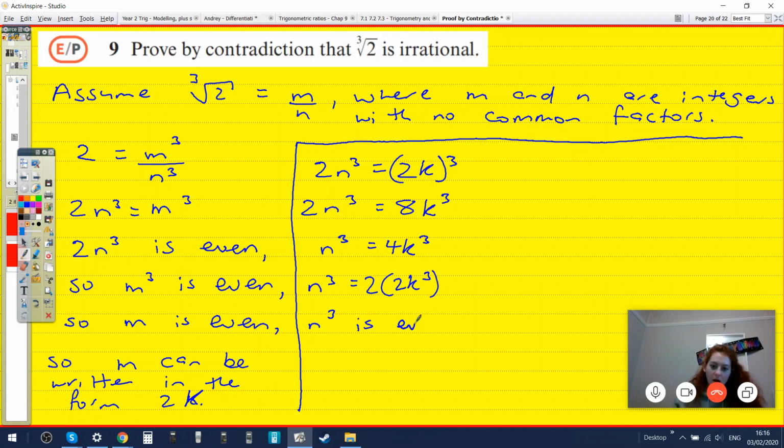So then n has to be. Yeah. So now we've shown that m is even and we've shown that n is even.